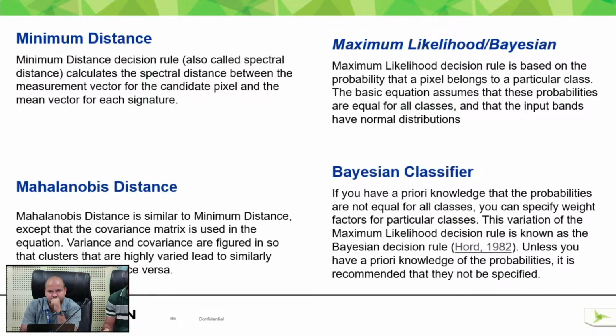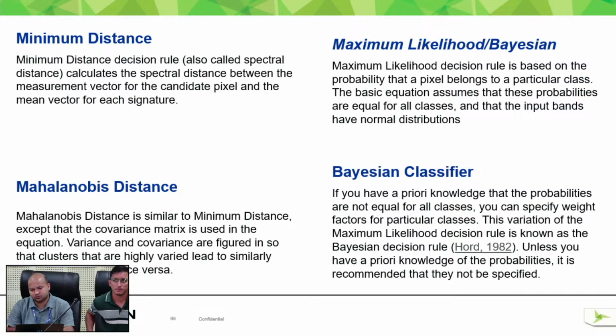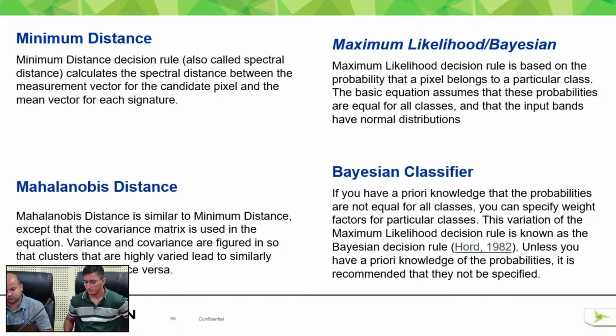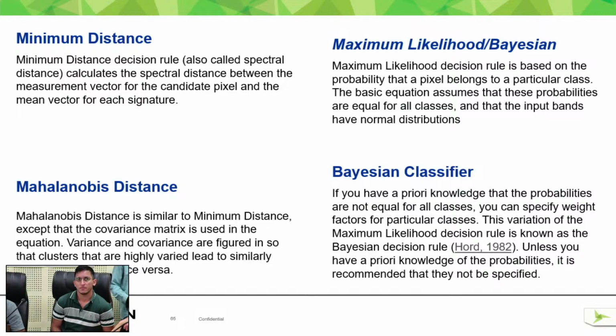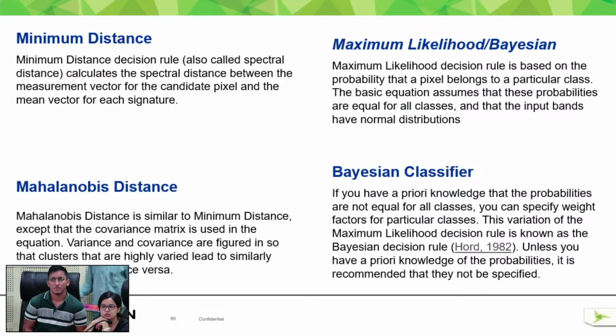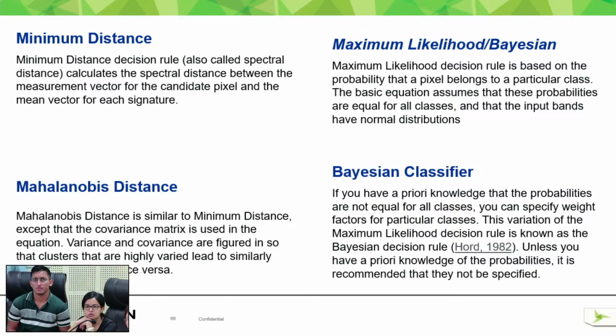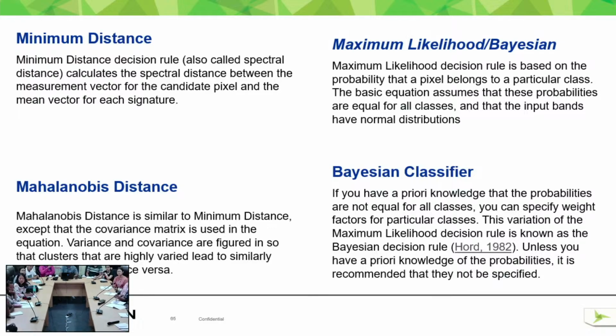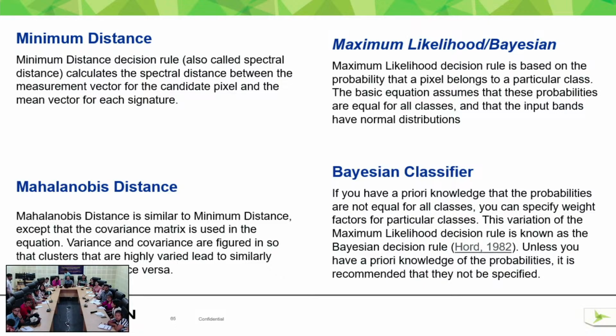Normal distribution means it always comes in a bell shape. It is not skewed to the left side or the right side. This type of histogram will come if you see. So that is when we go for maximum likelihood, and this is the basic assumption in the background of the algorithm of this maximum likelihood classification.